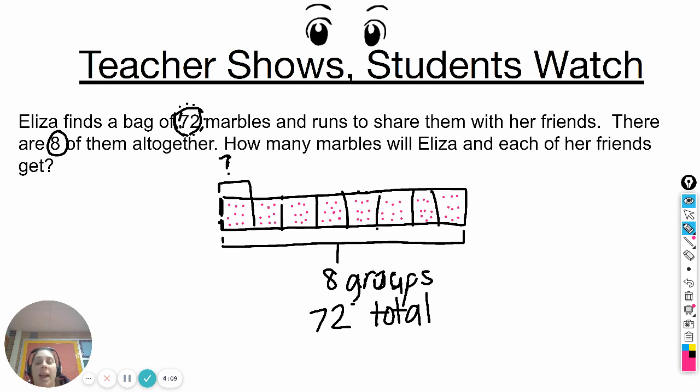And you'll notice that as I was counting, each time I counted 1 in each box, and when I got to the end, I had given away 8. So it was almost like I was skip counting by 8s.